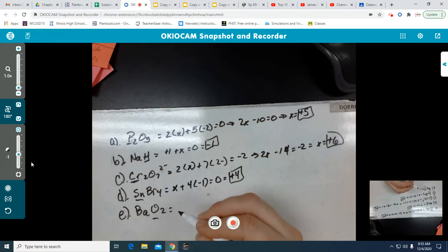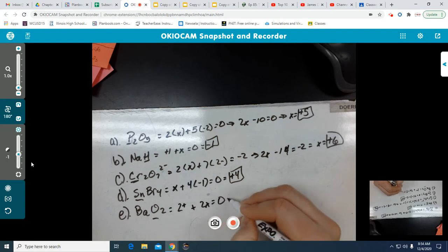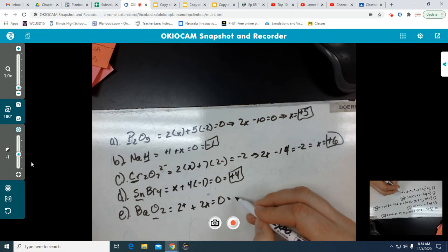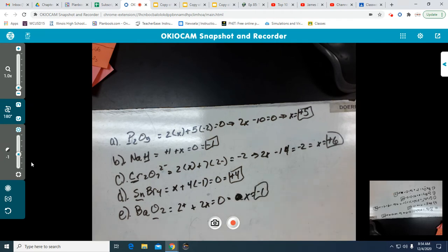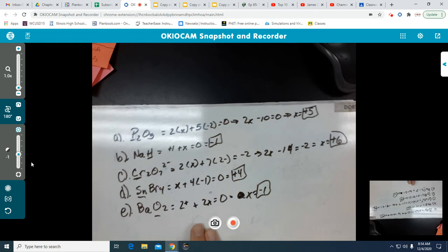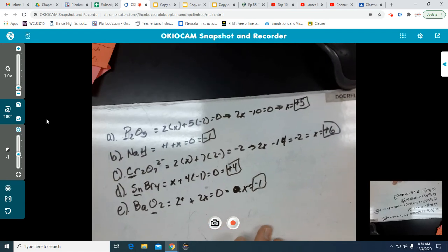And lastly, BaO2, where O is what we're trying to find. It is a neutral compound. So Ba is going to be 2 plus 2x is equal to 0. Solving for x, we get x is equal to minus 1. So since oxygen was a minus 1, we have a peroxide. But again, those are rare that we come into contact with.